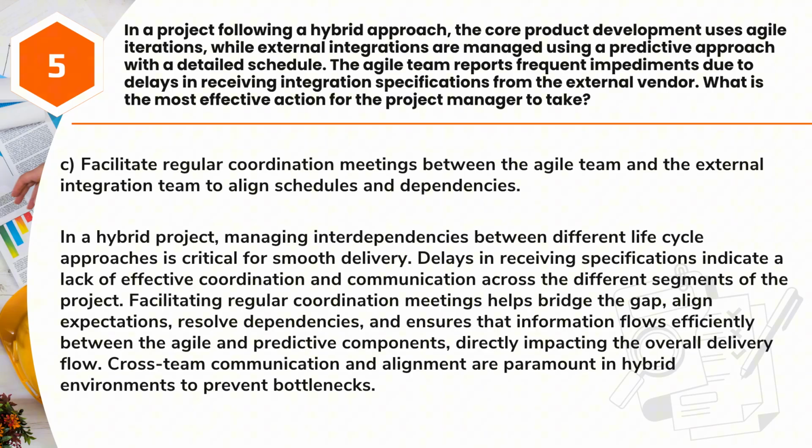Facilitating regular coordination meetings helps bridge the gap, align expectations, resolve dependencies, and ensures that information flows efficiently between the Agile and predictive components, directly impacting the overall delivery flow. Cross-team communication and alignment are paramount in hybrid environments to prevent bottlenecks.